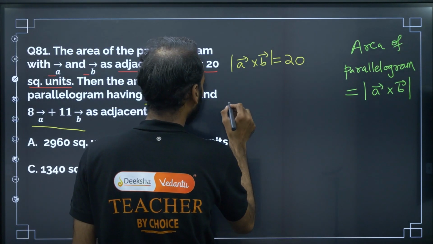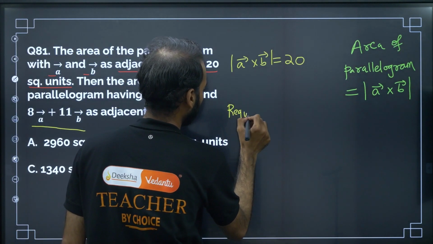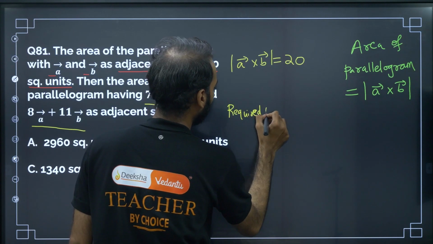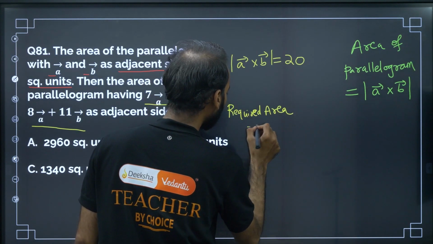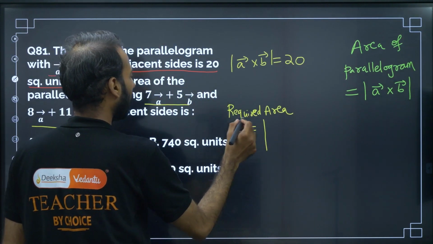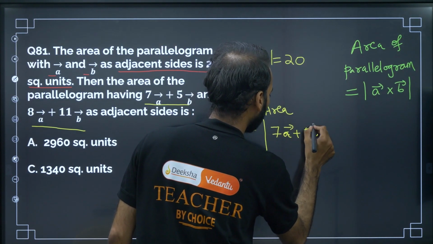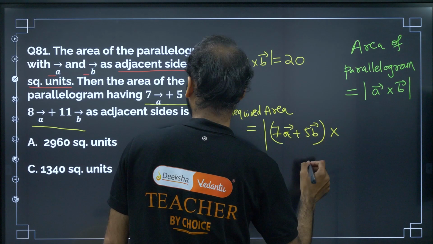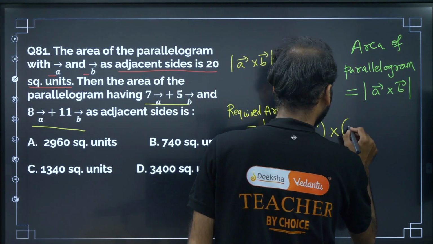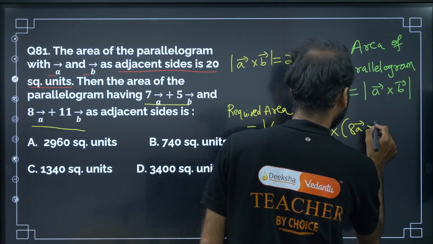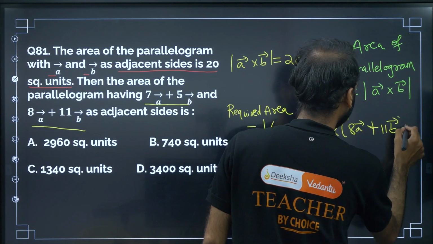So required area is equal to 7A plus 5B cross 8A plus 11B.